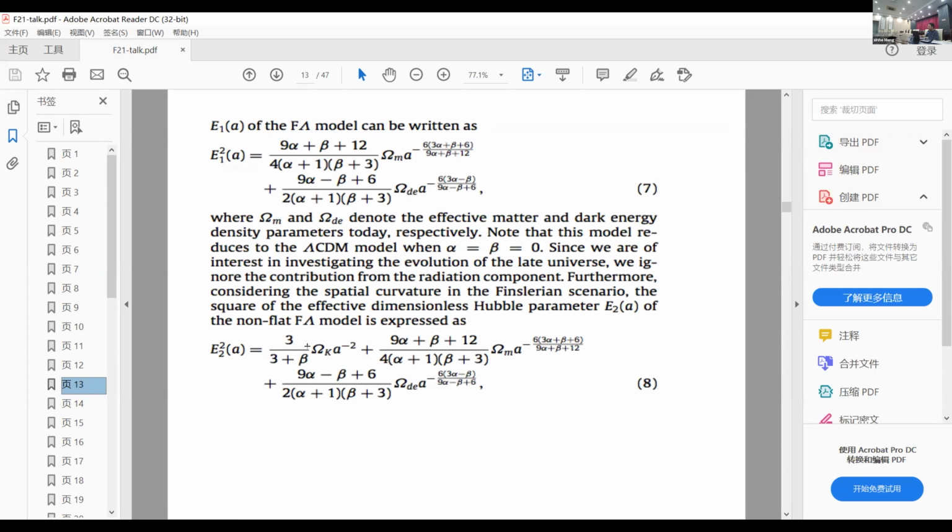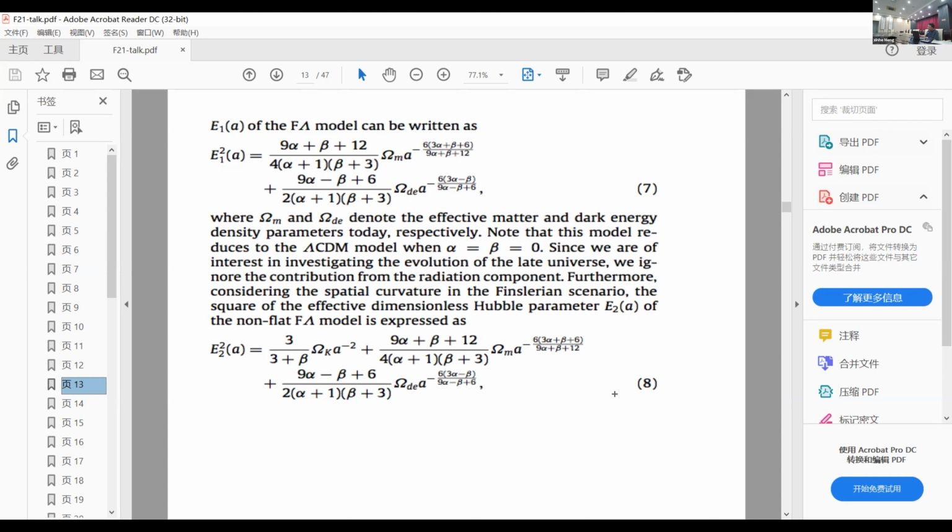So we name equation 7 simply the Finslerian lambda model. It's a simple extension model. And equation 8 is the non-flat Finslerian lambda model. We just give them names. So far we have the modified cosmic dynamic evolution, the two models, equation 7 and equation 8.